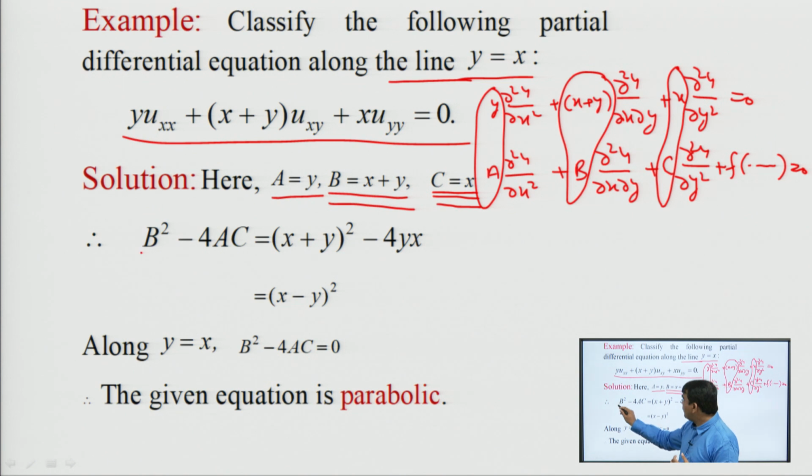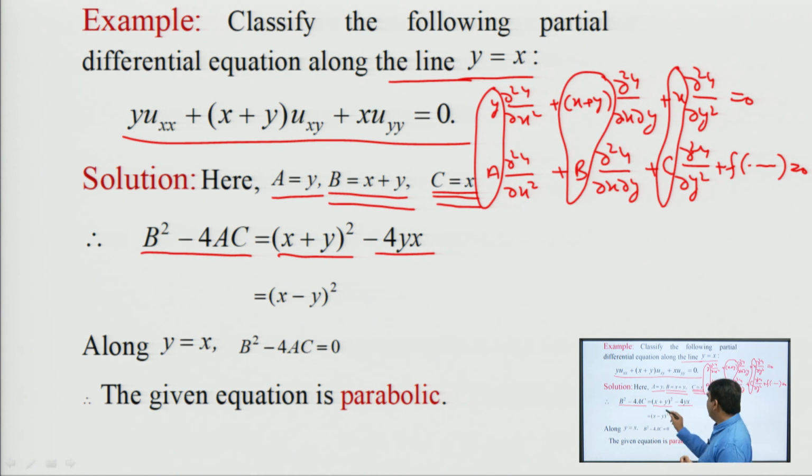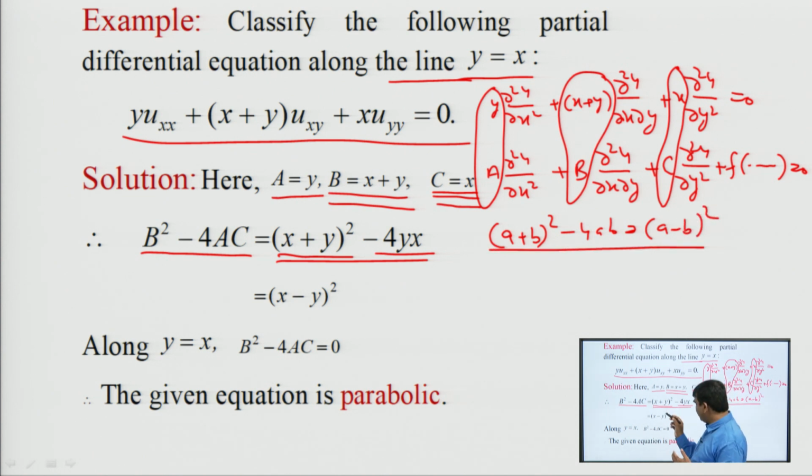So, if we calculate b² − 4ac, then b² is (x + y)², minus 4 into y into x. By using the identity (a + b)² − 4ab = (a − b)², or by simply opening the bracket and simplifying, we can write this in terms of (x − y)².